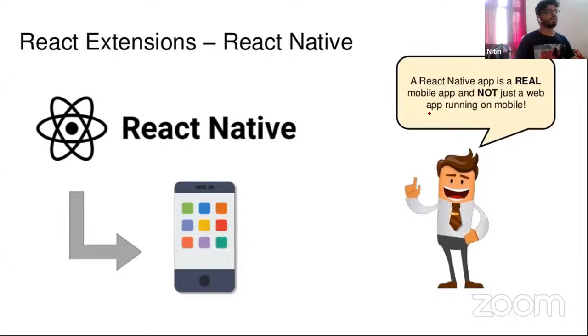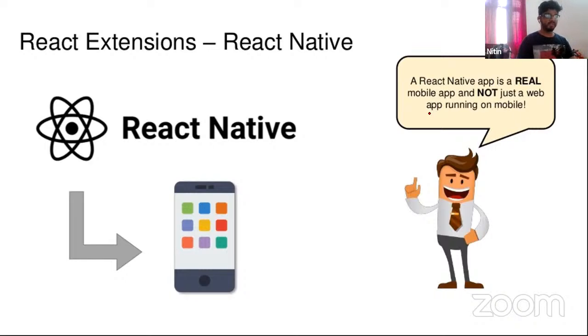A basic difference is between this app and a native app. A native app is something that you write in Java or Kotlin for Android, or Objective C or Swift for iOS. Basically, there is just one difference, from a performance point of view.